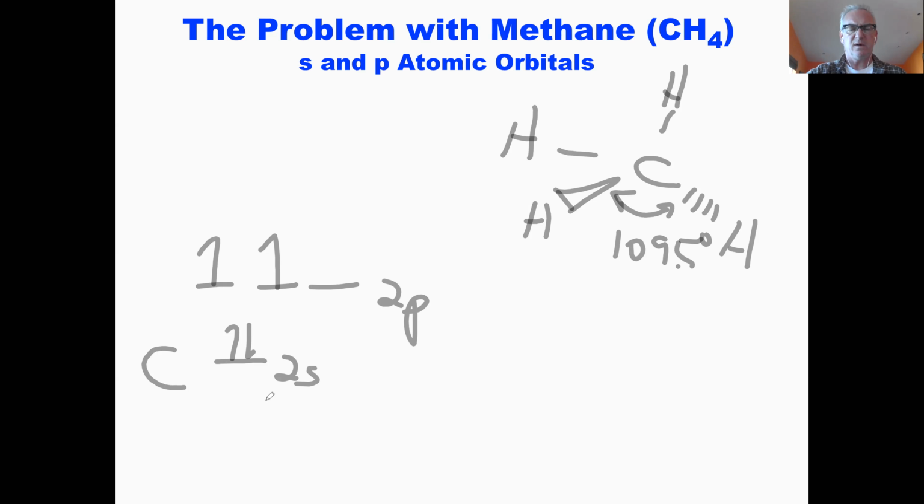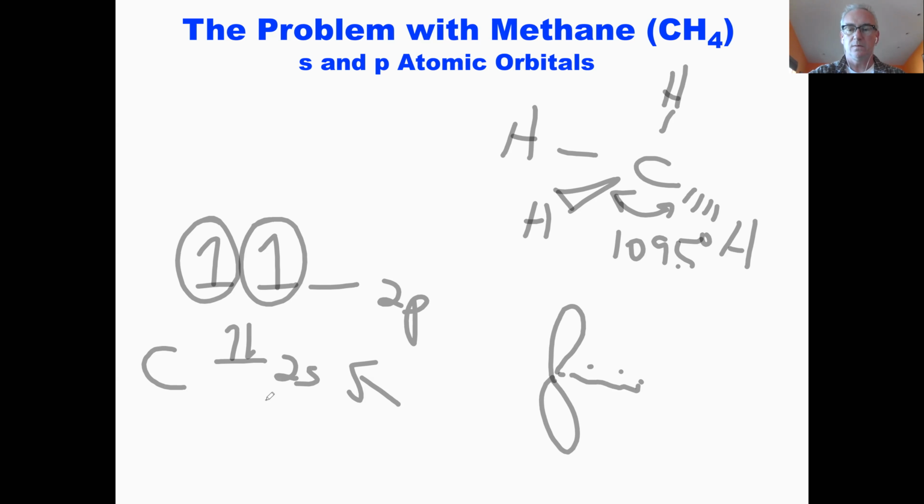Here, we've got 2 electrons in the 2s orbital, and they're paired, so they don't want to bond. The other 2 electrons in carbon are in p orbitals, and if we remember what p orbitals look like, they were at 90-degree angles to each other.